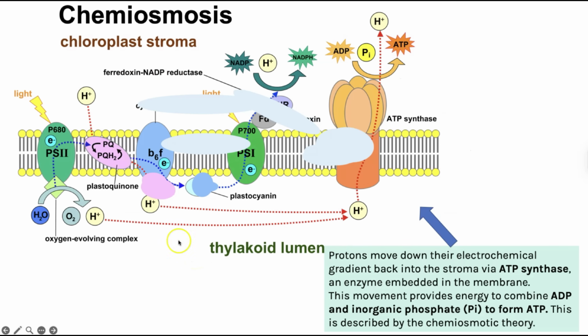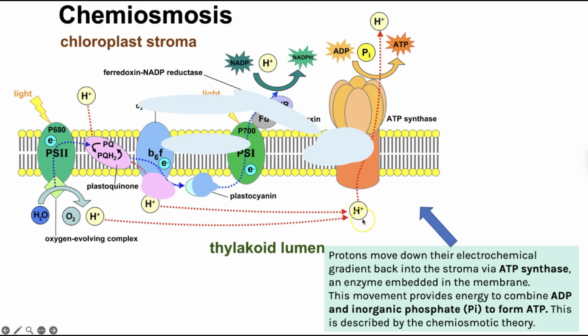And as a result, from those protons being pumped across and the protons released from photolysis of water, we end up with lots of protons on the thylakoid lumen side compared to the stroma, which means we've created an electrochemical gradient.